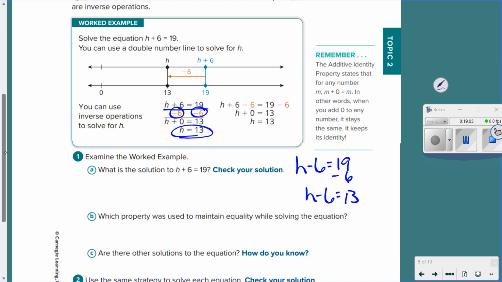Well, you have to do it on both sides. You can't just do it to the 19. Because if I only do it to the 19 and I don't do it to the h minus 6, you just got told that h minus 6 is 2 different answers. Is that possible? No, it's not. So you have to do it on both sides.